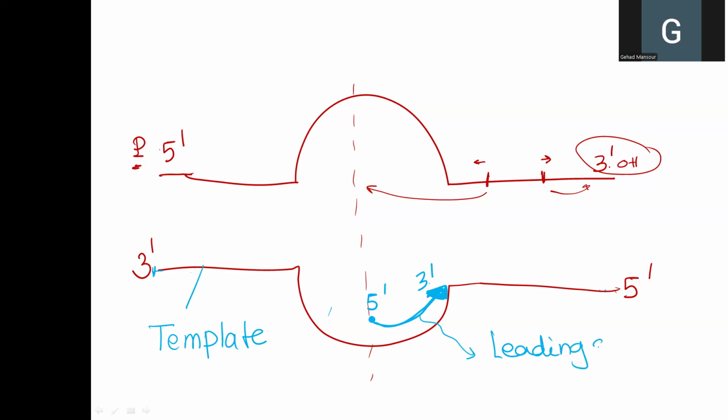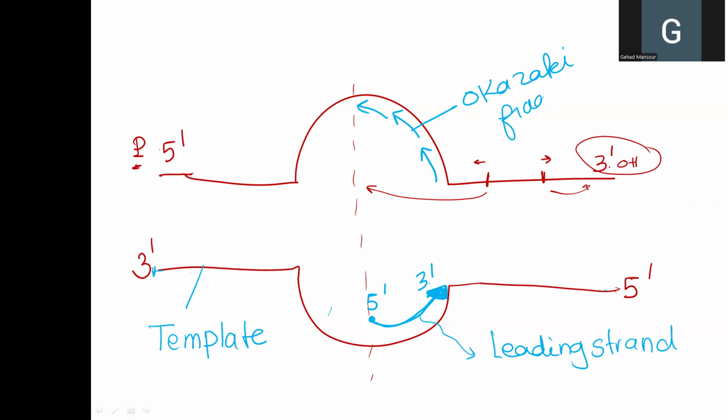So don't be confused: the leading strand is the strand that is newly formed in the direction 5 prime to 3 prime in one shot, whereas this one would be built in segments. These segments are called Okazaki fragments.